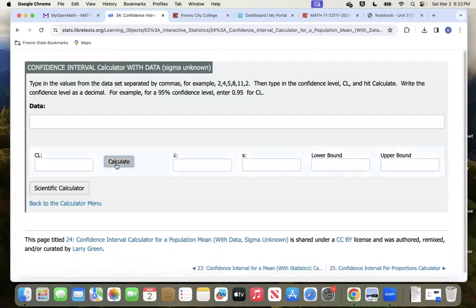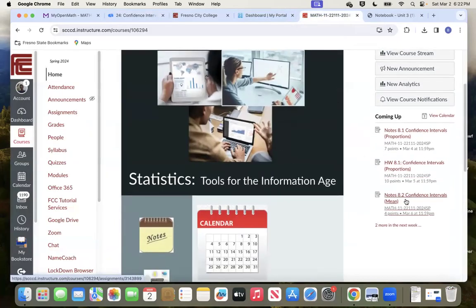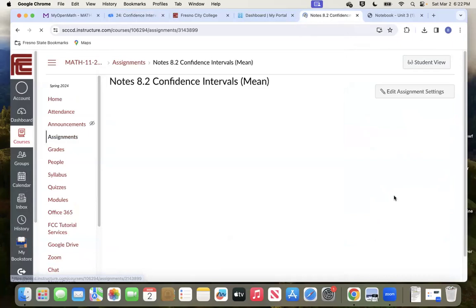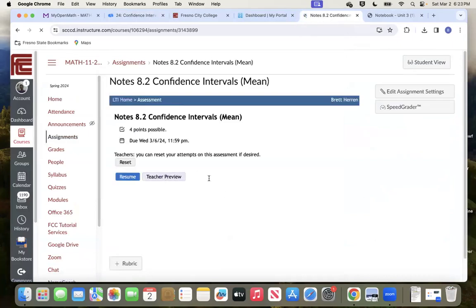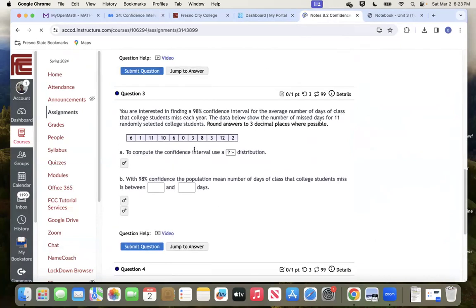The first thing they're saying is, grab the data. In fact, let me go get the exact problem, because I'm not even on it. You're just going to copy and paste it. Here's the question right here. So I'm going to copy this data. See how I'm highlighting it with my mouse?